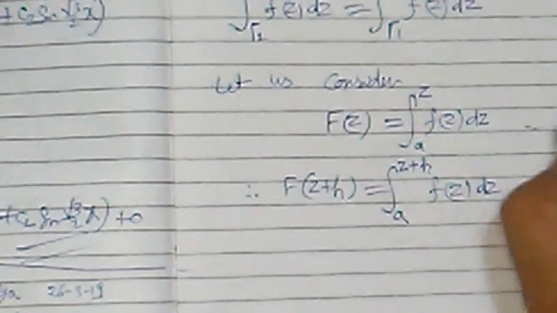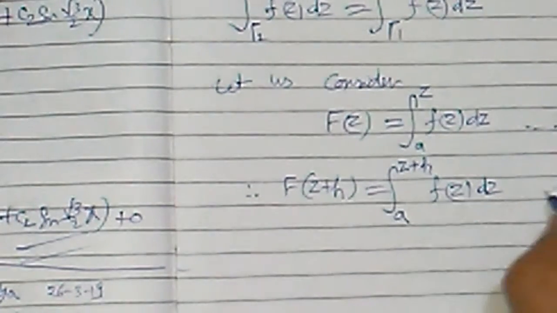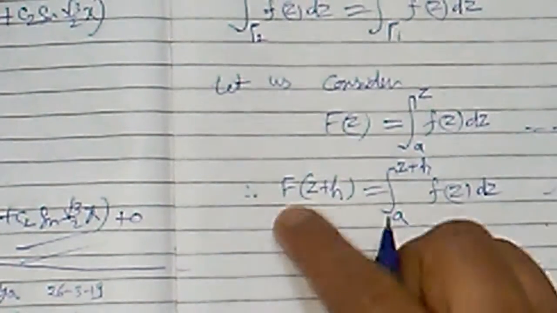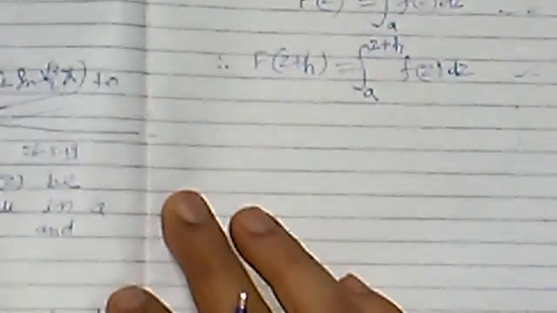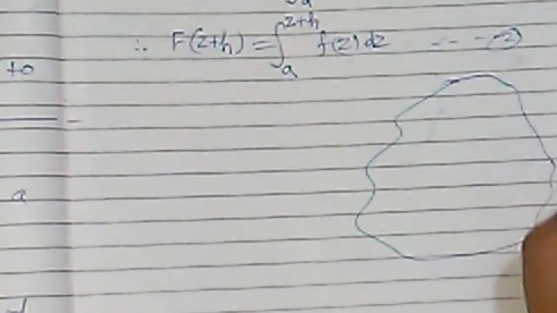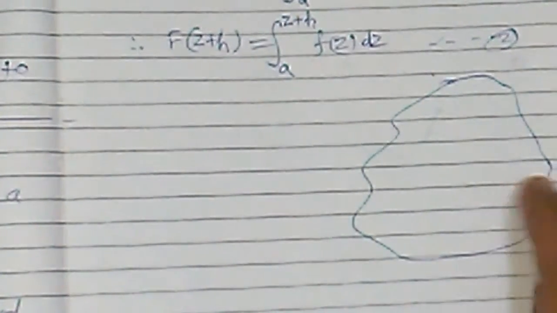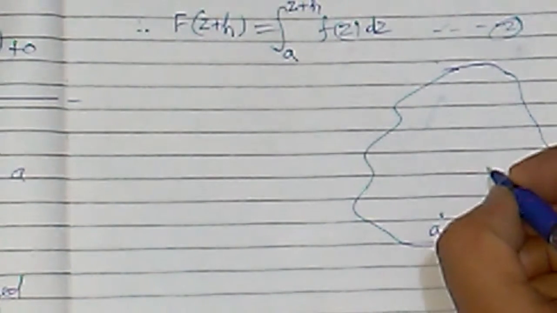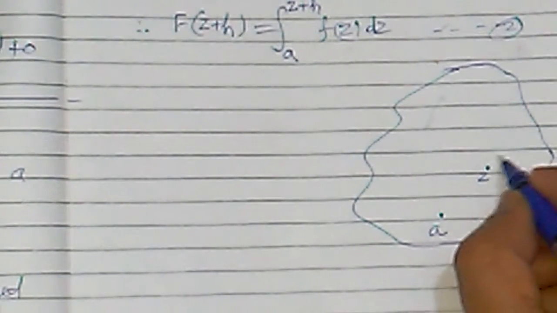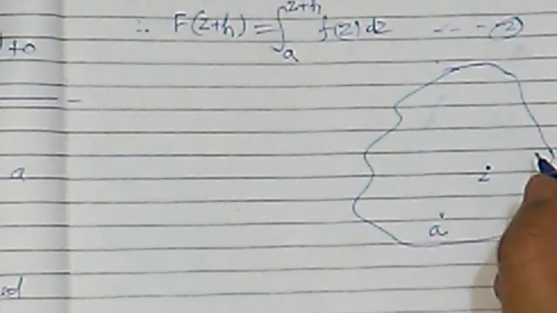Here F(z) and F(z+h) are two functions of z. Because a is a fixed point in the given domain D, and z is a point, h is a variable.